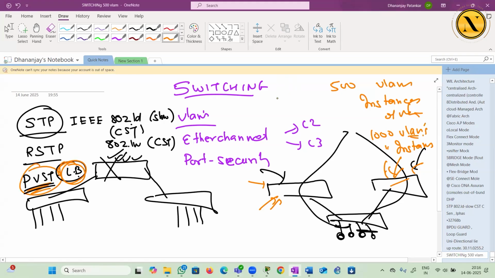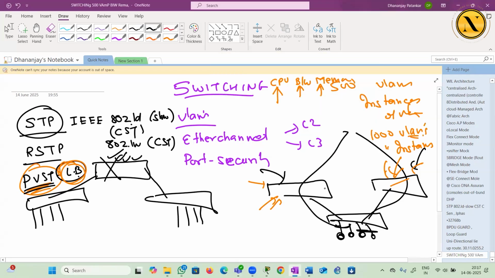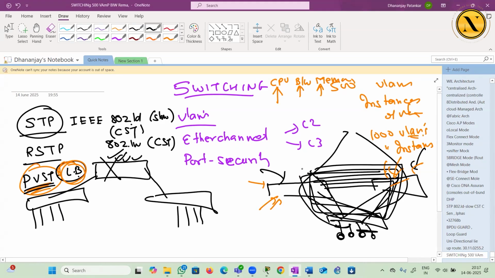It will consume more resources, meaning CPU cycles, bandwidth, and memory, right? 1,000 different VLANs' packets will keep on moving in the network. VLAN 1 traffic going like this, hello, hello, hello. VLAN 2 traffic going like this. VLAN 3 traffic going like this. VLAN 4 going like this, right? VLAN 5, VLAN 500, VLAN 1,000.